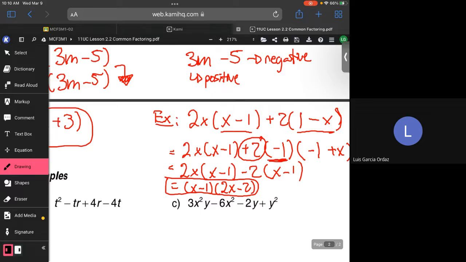Yep. X minus 1, we just switch it around. Because I had negative 1 plus x, so I can just rewrite it as x minus 1.